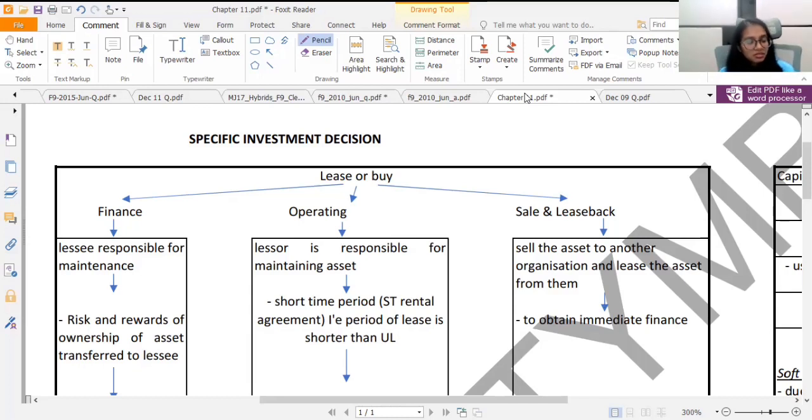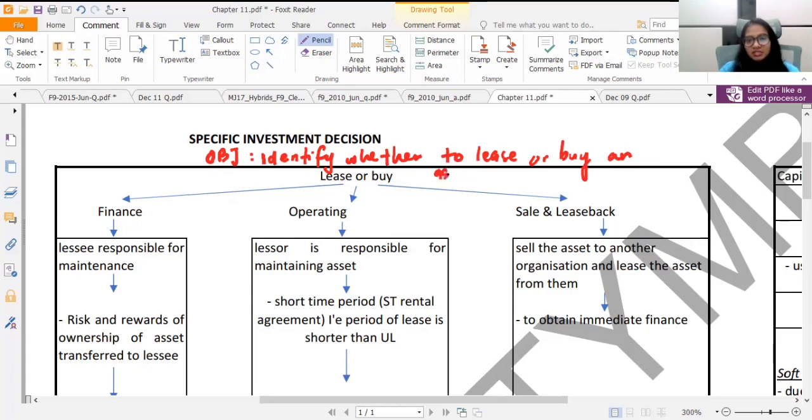So for example, in a lease or buy decision, you need to understand what you are doing, what your objective is. So let's start with the objective. Your objective is actually to identify whether to lease or whether to buy an asset.